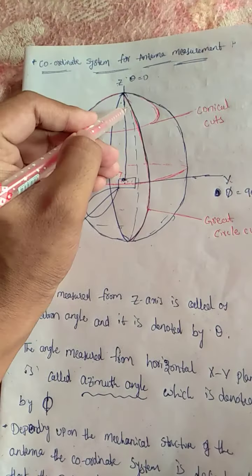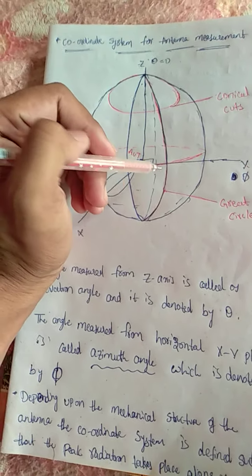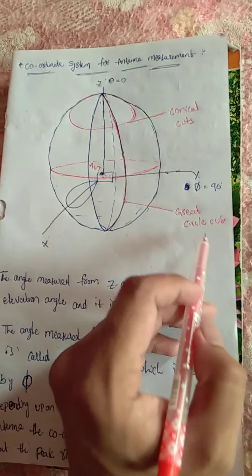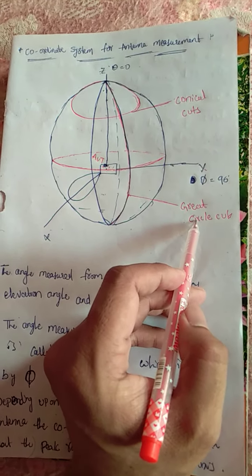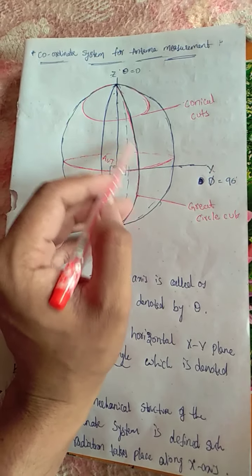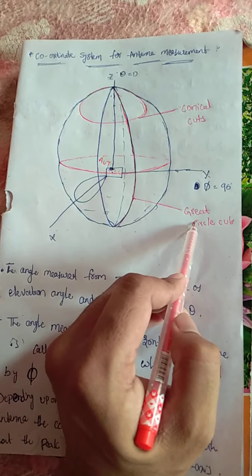It is also defined with red and blue, and it is also one of the circles, which we call a great circle cut. If the signal is cutting along this particular circle, automatically we can say it is a great circle cut.